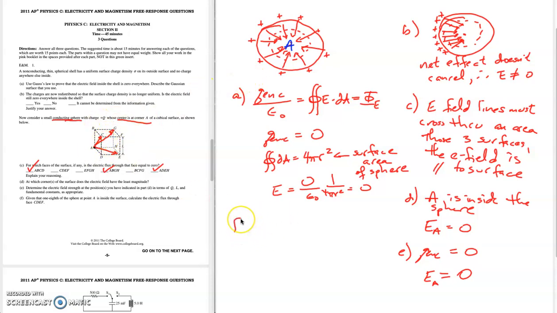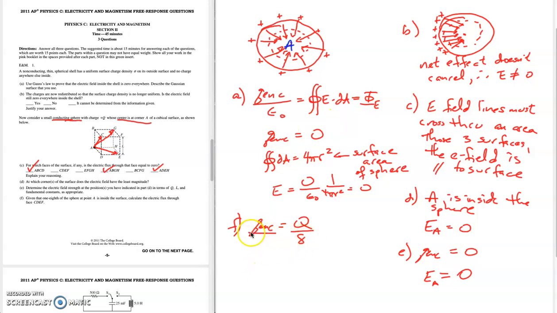Well, for part F, Q enclosed is going to be Q over 8. And if we go back again to part A, Gauss's law, Q enclosed over epsilon naught is equal to the integral of E dA, which is equal to the flux. So let's just skip over to the flux.